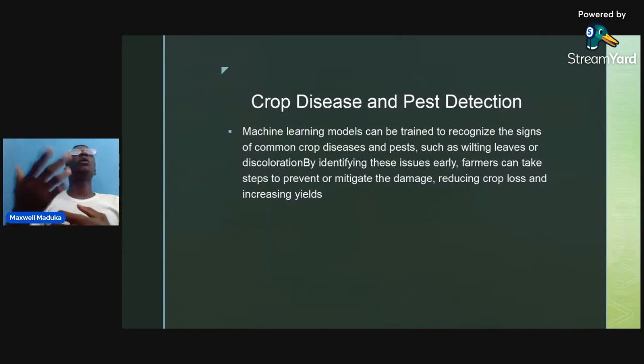Most times, because in machine learning we have reinforcement learning, supervised learning, and unsupervised learning, most of the time we use supervised learning or reinforcement learning to train data sets to carry out these tasks: identify pests on the crops in the field using a drone, know the right pesticides to use, and know the right fumigation process to carry out.